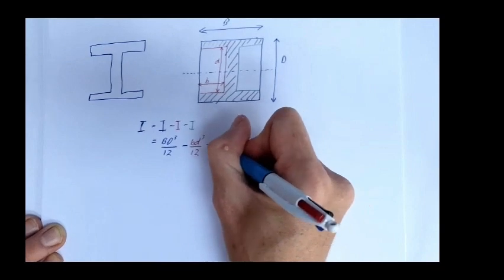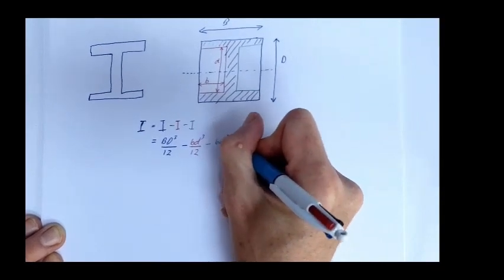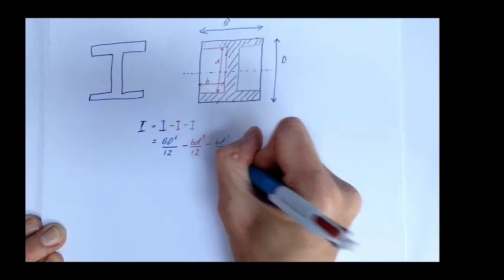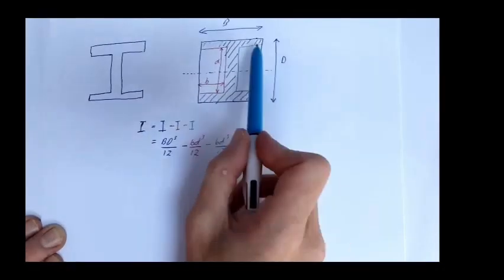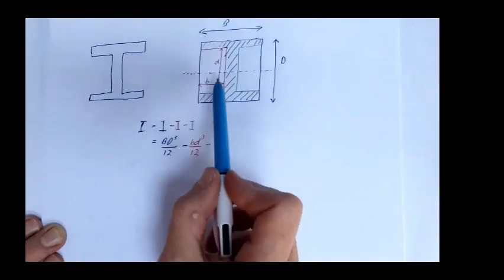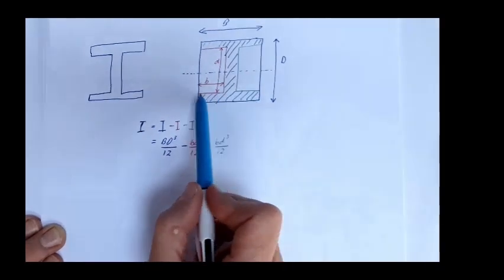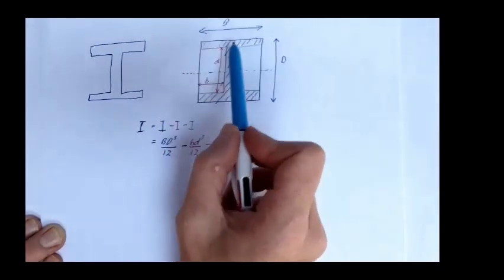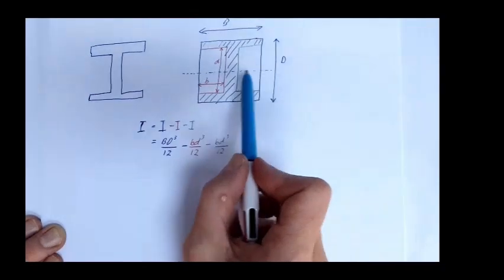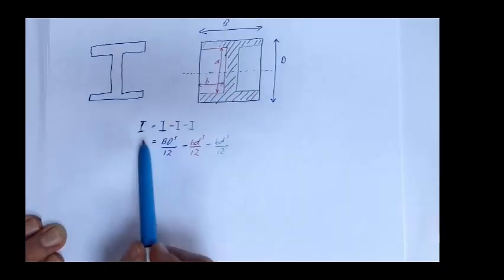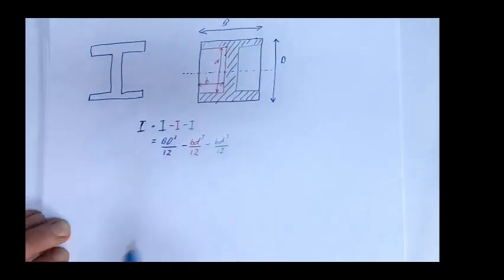So that's going to be BD cubed over 12. So if we've got a section where we can create a shape which is the same as that section by calculating the second moment of area of rectangles around their neutral axis, we can simply use that, BD cubed over 12.